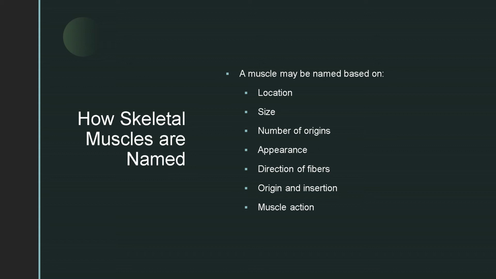You can learn the names of the muscles by remembering the terms that refer to muscle features, such as the pattern of the muscle's fascicles, the size, the shape, the action, the origin and insertion, or location. You can use all of these to help memorize muscles. And knowing the names of a muscle will then give you clues about its features. So let's look at some examples of this.